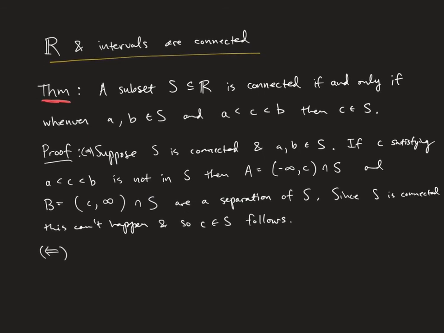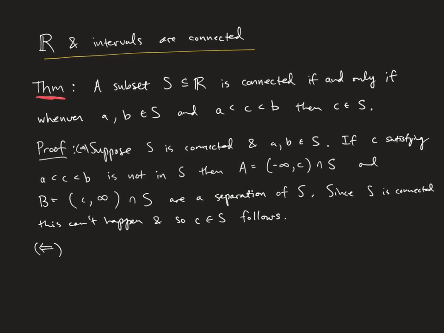More substantial and somewhat less intuitive argument is the other direction. So we have to actually take this kind of subset with this property and show that it has the connected property. So we have to show that whenever we write S as a union of disjoint sets that are non-empty, then a limit point of one of those sets bleeds into the other set.